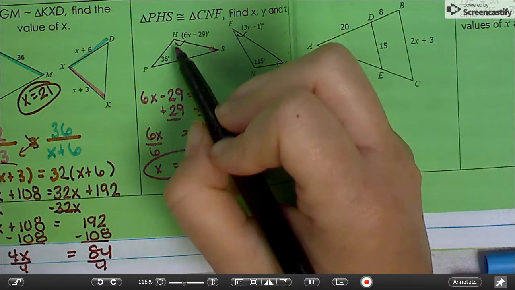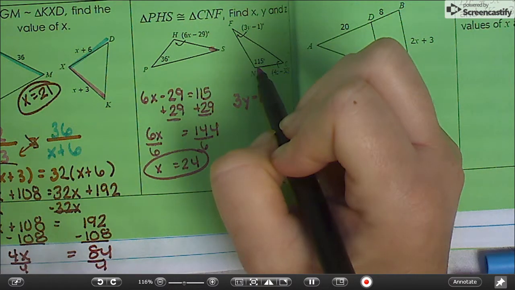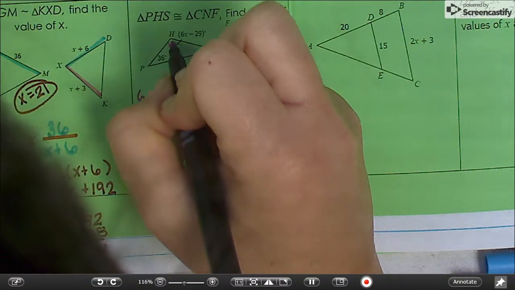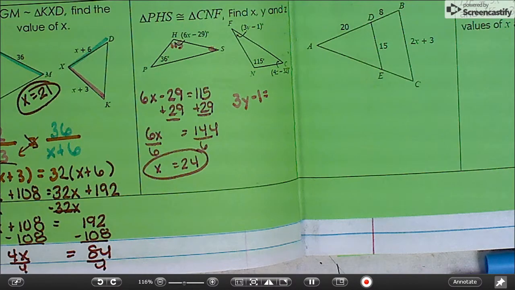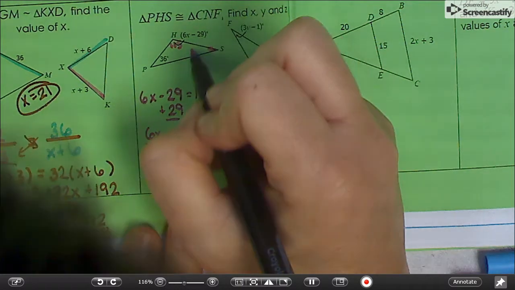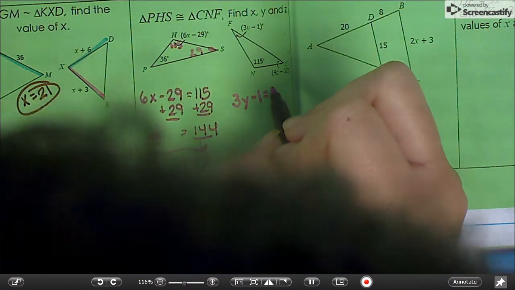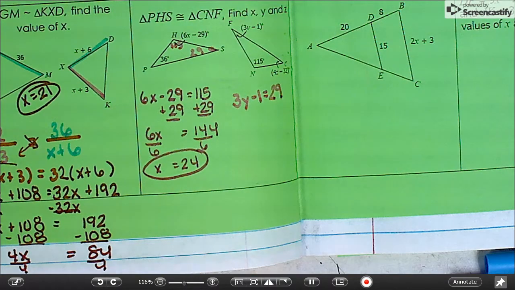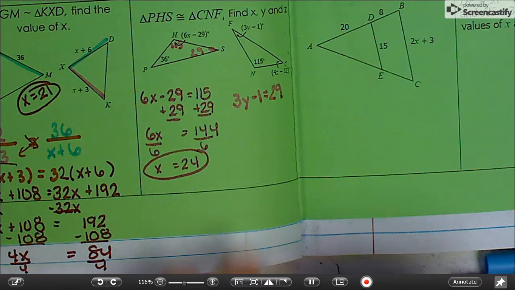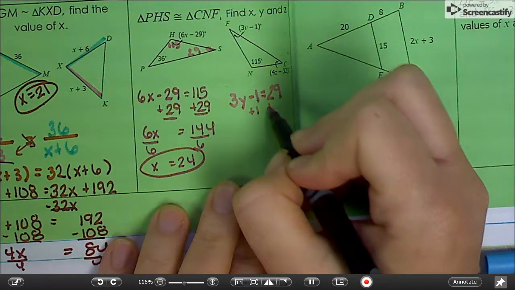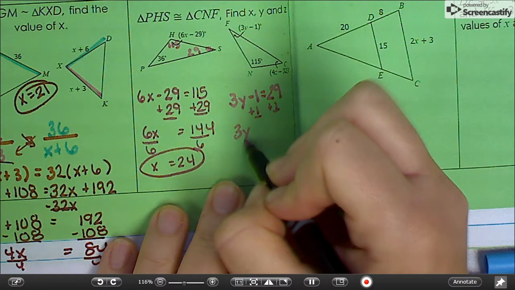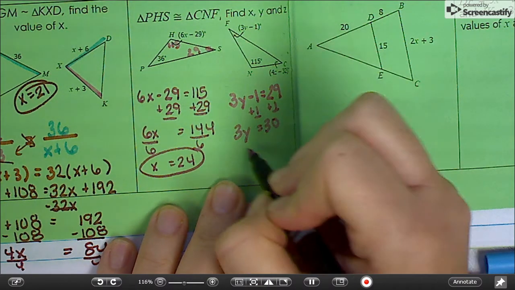Remember that angle H is congruent to angle N, so I can actually say that this equals 115 and use the triangle angle sum to figure it out. 36 plus 115 is 151. 180 minus 151 is 29. So 3y minus 9, or 1, equals 29. Add 1. 3y equals 30, so y equals 10.